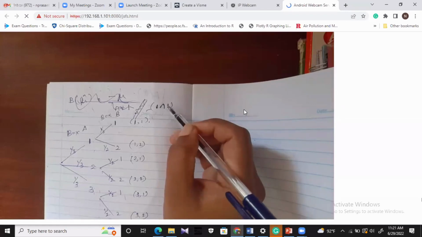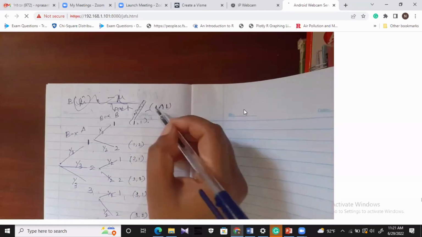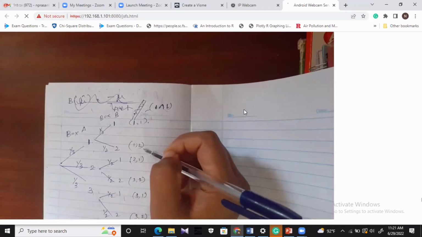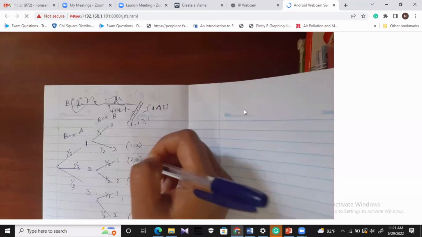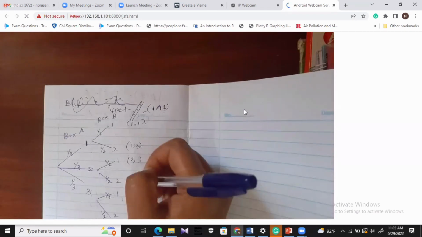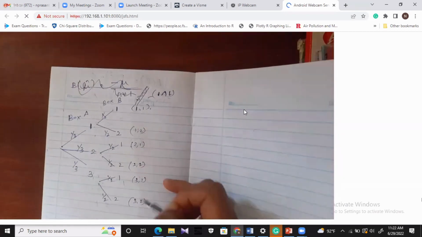So 1, 1 is 1 and 1; 1, 2 is 1 and 2. Likewise, we have 2 and 1, 2 and 2, 3 and 1, 3 and 2. We have 6 possible outcomes, or 6 pairs.